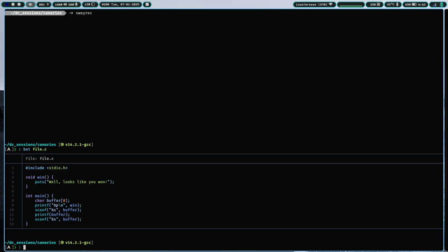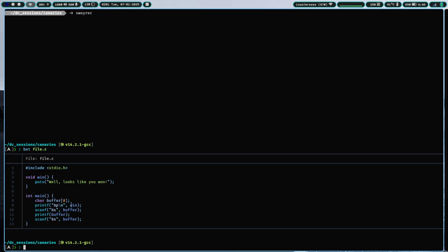I'll show you. So we have an 8-byte buffer. We have printf, then scanf, then printf, then scanf. There's a very good reason why I have put it this way. First of all, I'm printing the address of win. This is required for a later thing.